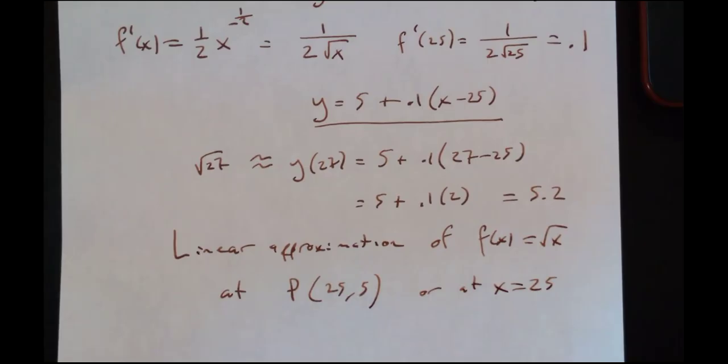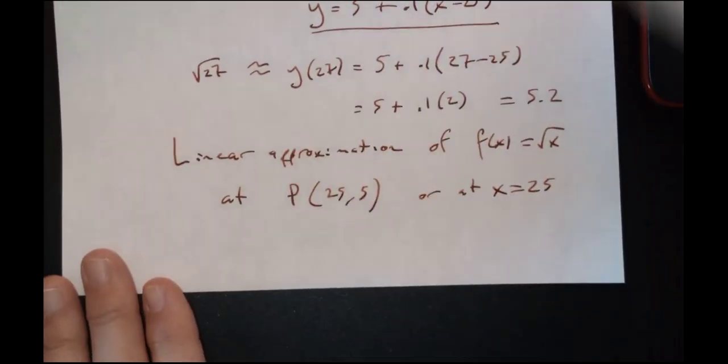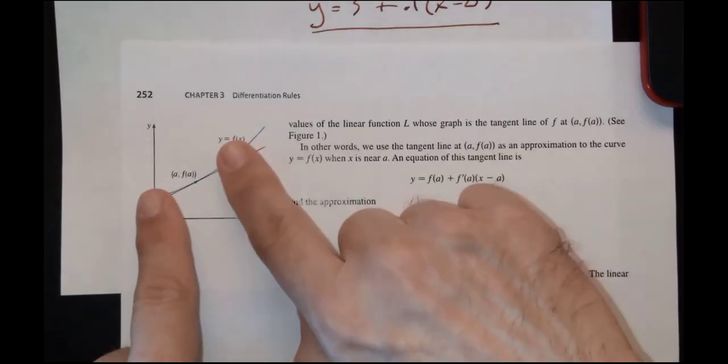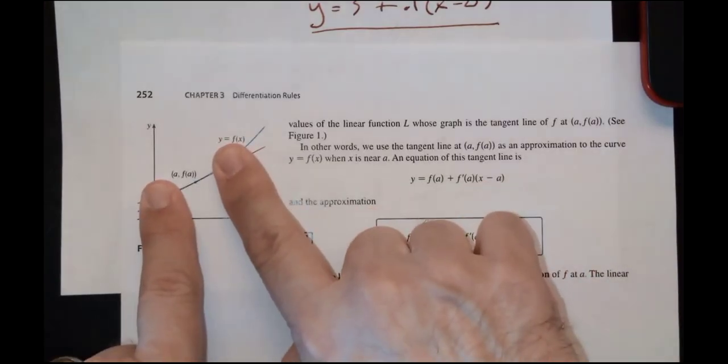If I want the square root of 35, I'll probably not use x equals 25, I'll probably use x equals 36. Want the square root of 120? Nope. Because in this picture, it doesn't matter which side of A I'm on, that's really close on either side, isn't it?